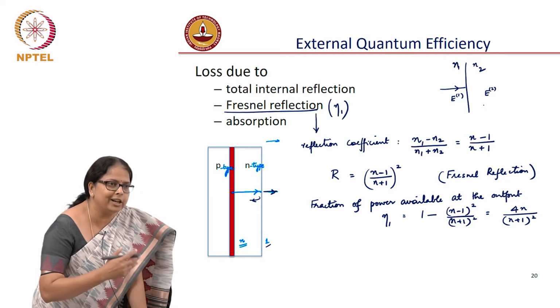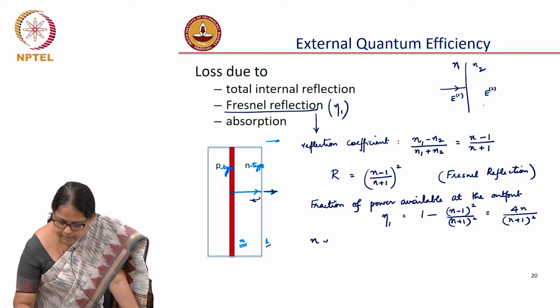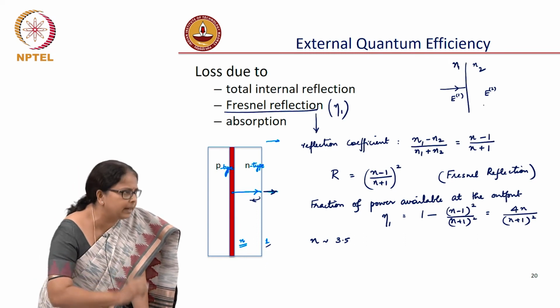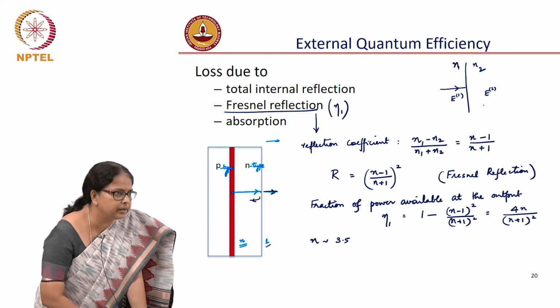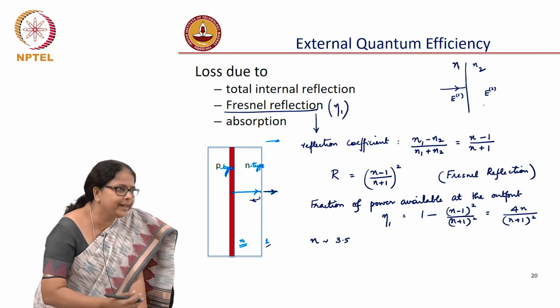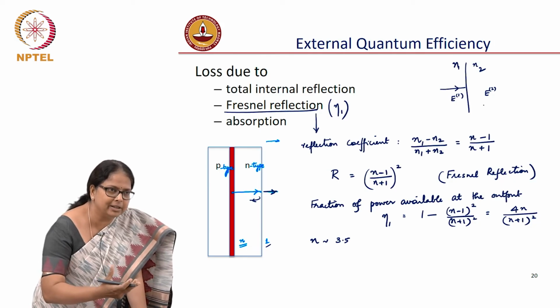Gallium nitride or indium gallium arsenide phosphide, right. So, n for that material is approximately, let us say, 3.5. It could be 3.6, it could be 3.4 depending on the actual band gap of the material. But roughly the order of magnitude is 3.5. It is not like glass, which is 1.5; it is a high index material.